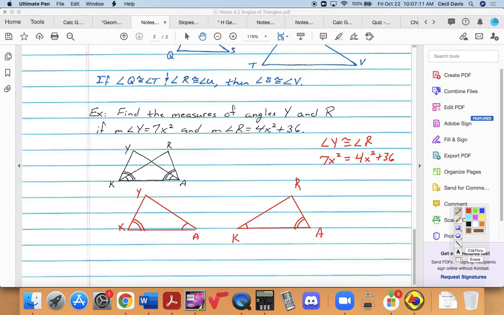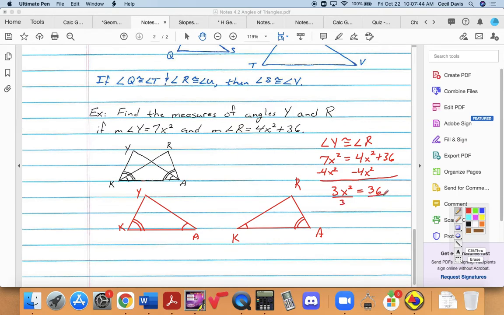Now, to solve that, we haven't done a lot with quadratics. If the only variables are squared, then we'll just move everything to one side and then take the square root. Okay? So we'll subtract 4x squared from both sides. And we get 3x squared is equal to 36.